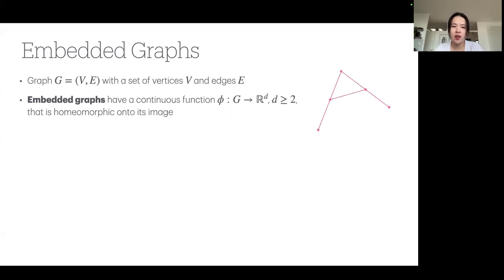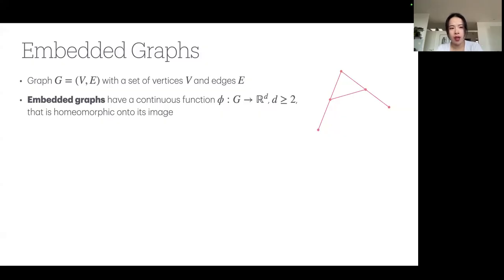Like the title suggested, today our input data is going to be embedded graphs. What is an embedded graph? So we're first and foremost given a typical graph consists of sets of vertices and edges. An embedded graph has a continuous function phi that maps the graph to the real space, and the function phi is homeomorphic onto its image.